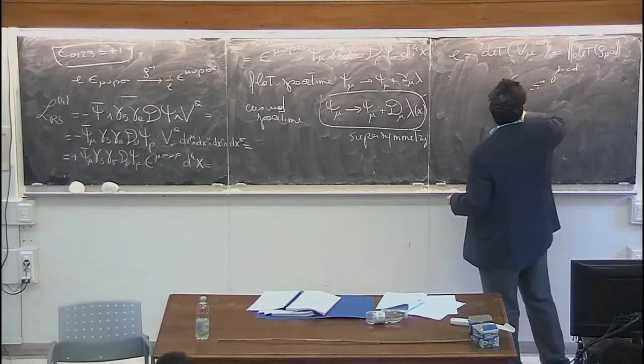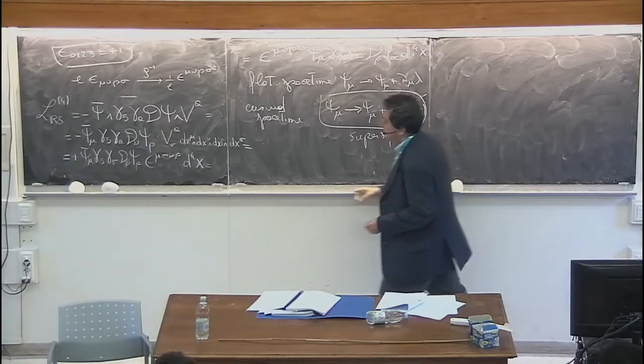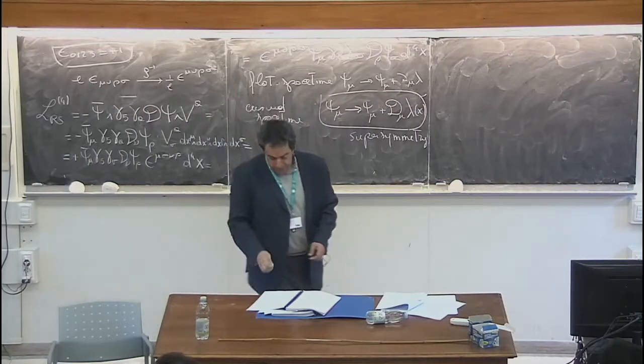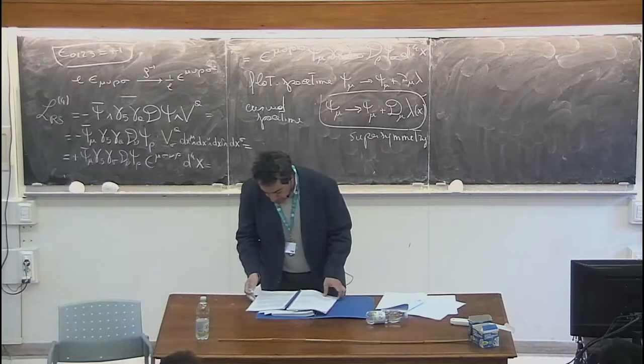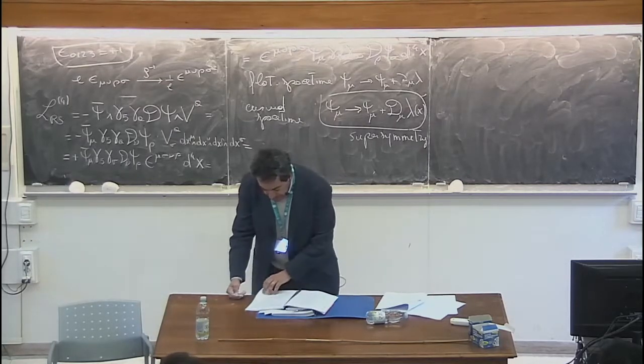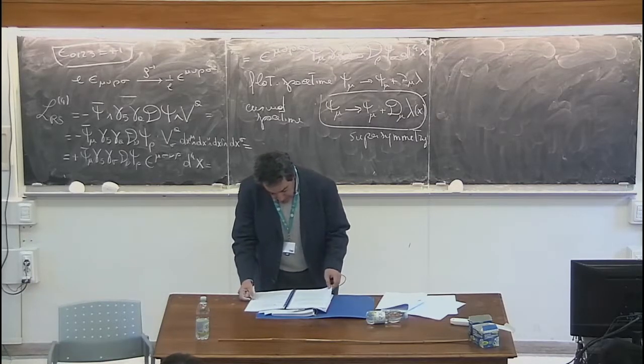So if you change this in the other formulation, then you get gamma 5. If you eliminate gamma 5, then you get the factor e. Okay?